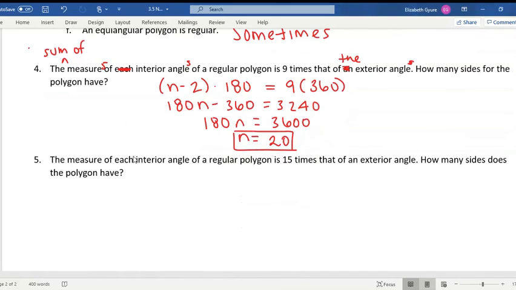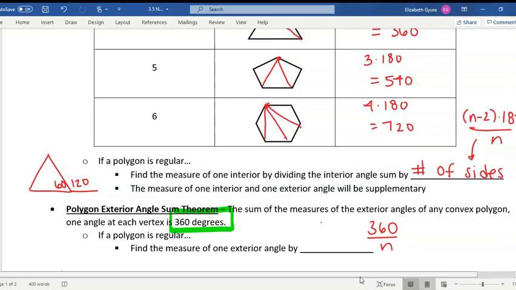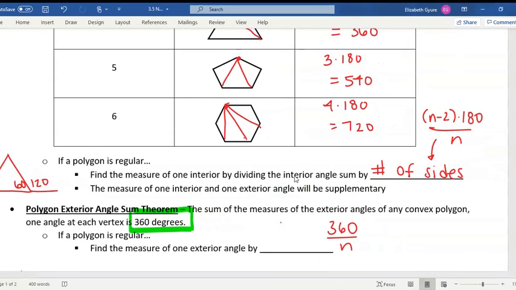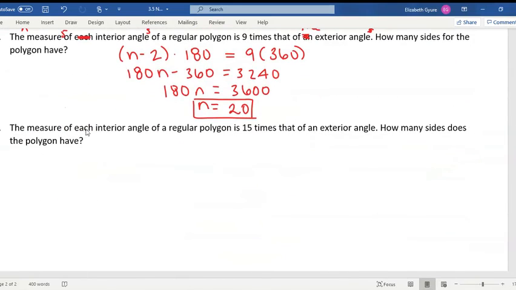It says the measure of each interior angle of a regular polygon is 15 times that of an exterior angle. So each interior angle is 15 times the exterior. Well, if you go back up to the front, if we wanted to find just one interior angle, we would take our sum divided by the number of sides. So each angle means just 1.